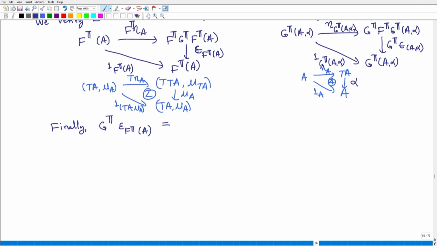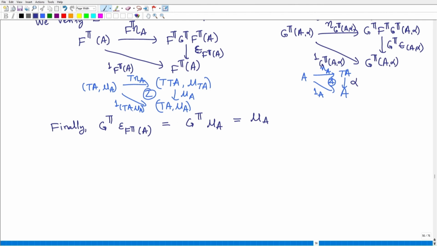F^T of A is (TA, μ_A), right? So this is G^T, and ε_{(A, α)} is just α. So therefore G^T μ_A, but G^T doesn't change the morphism, so this is indeed μ_A. So that's our verification.